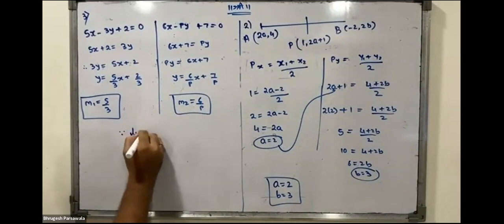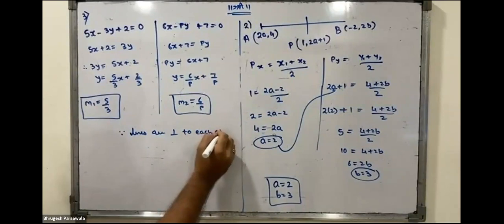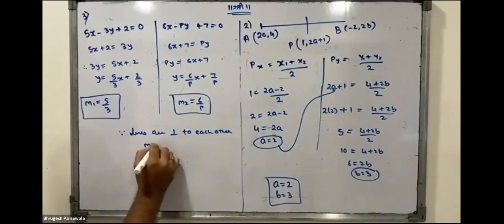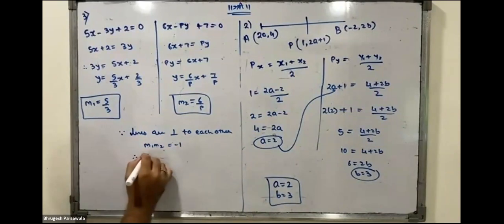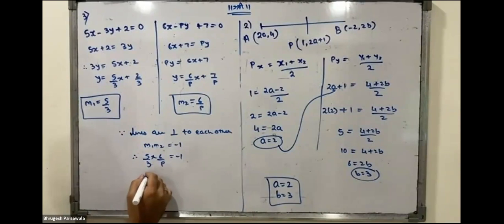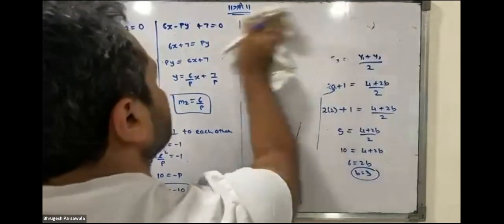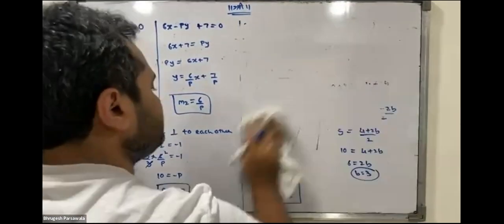Since lines are perpendicular to each other, we all know m1 into m2 is minus 1. 5 by 3 into 6 by p is minus 1. So p is minus 10. Okay beta? This is the first part of the sum.